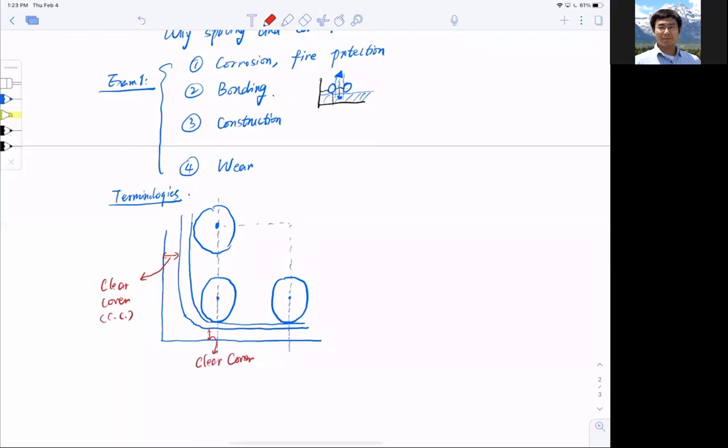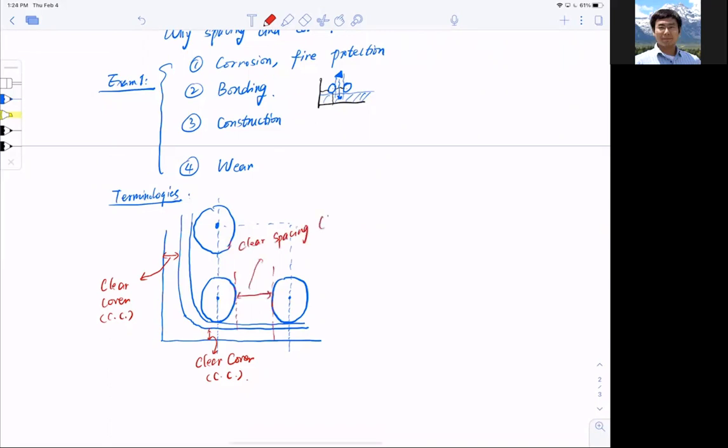Now, in addition, there's also a pure spacing between the edge of the bar to the edge of the bar. Let me call it clear spacing, since it's between bars.